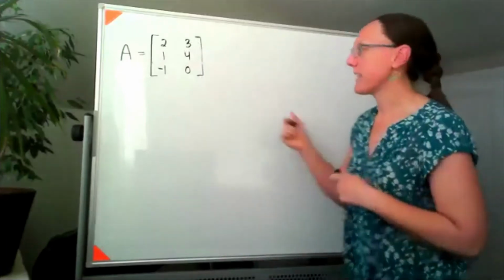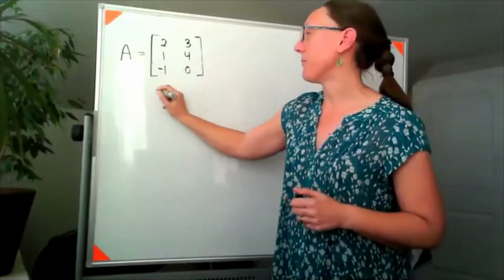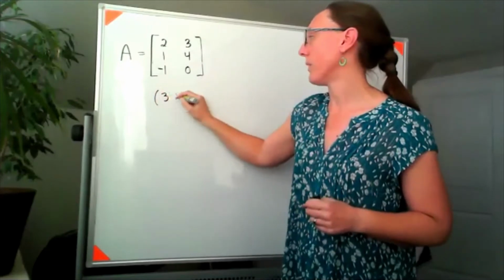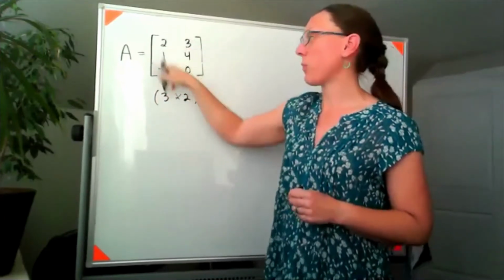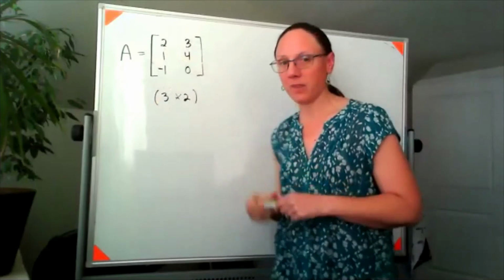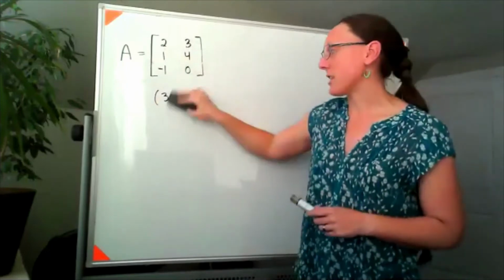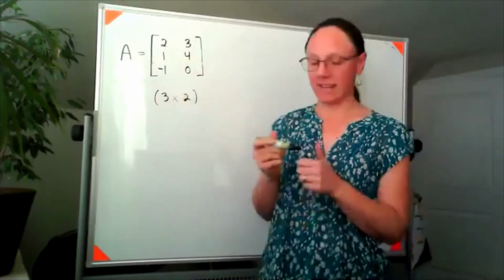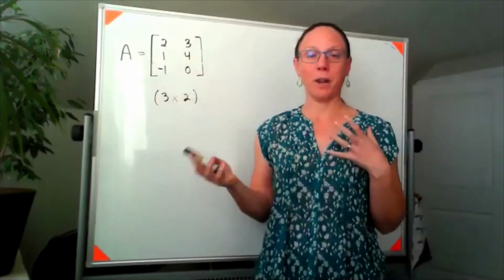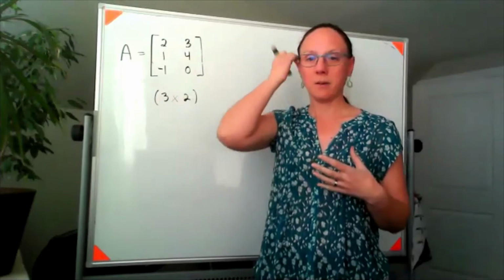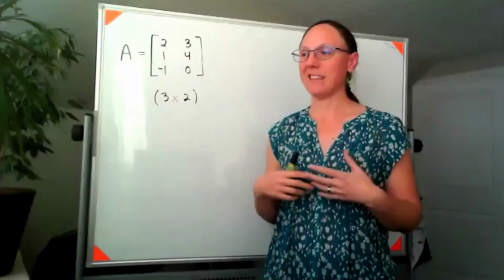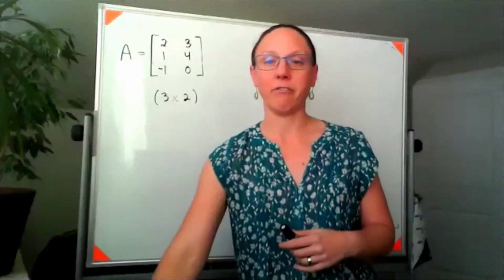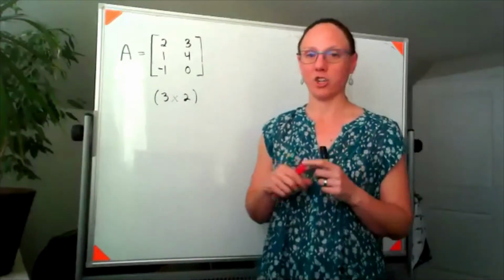So here's my matrix A, and I said that this matrix is a 3 by 2 because it has 3 rows and 2 columns. So when we're adding and subtracting matrices, I need them to have exactly the same dimensions. But when I'm multiplying matrices, in general, they're not going to have the same dimensions, but they do have to have a very specific relationship.